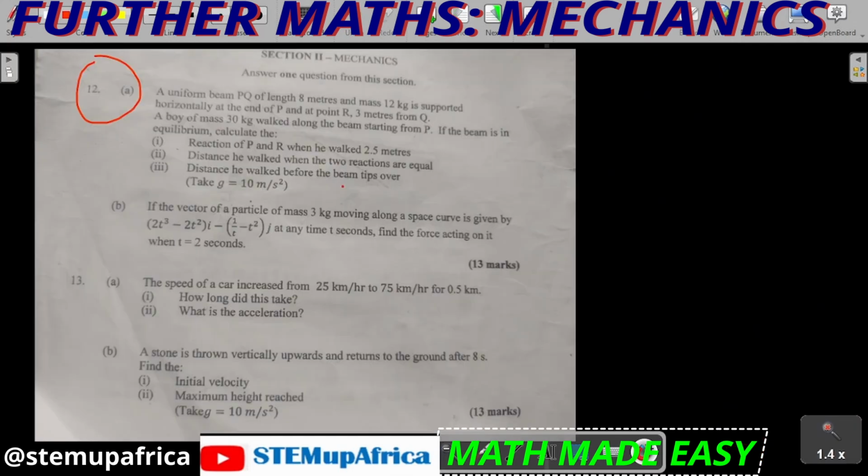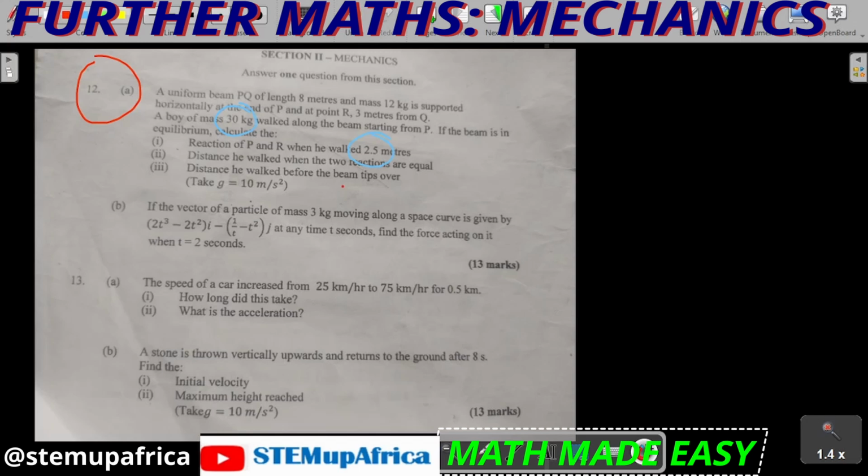Then you say a boy of mass 30 kilograms, which I'll convert to weight, 300 Newton, walks along the beam starting from P. So if the beam is in equilibrium, calculate the reaction at P and R when the boy walked 2.5 meters. So the mass of 30 kilograms walks 2.5 meters along the beam.